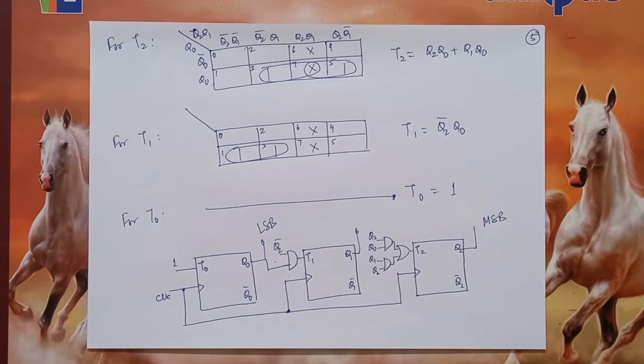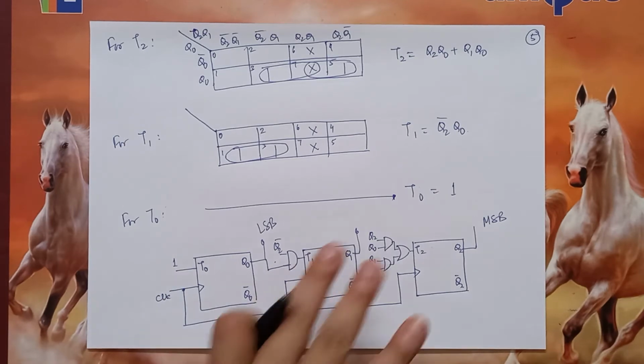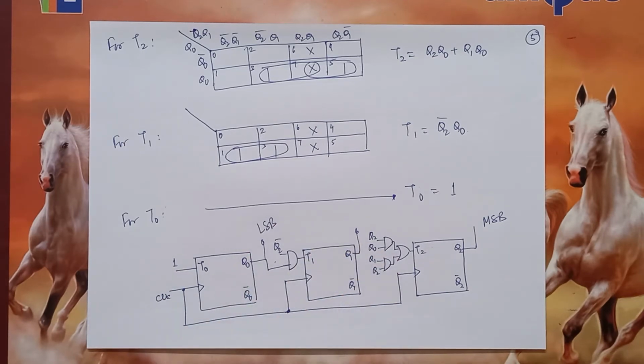No. We have assigned 6 and 7 to don't cares. So now we have to ask ourselves, if by chance this circuit enters either 6 or 7 state, how will the circuit react when the next clock comes? Will they change their state or will they still remain in the old state? That is very, very important.